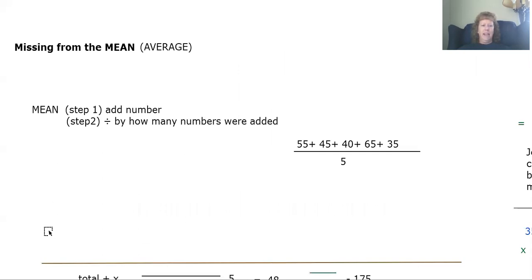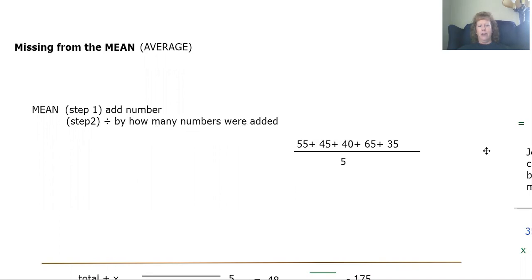It's about the missing mean, and to remind you, mean is the same thing as average, and usually you find the mean or average by adding all the numbers and then dividing by how many numbers were added. So here's an example. If you added 55, 45, 40, 65, and 35, and then divided that by 5 because you just added 1, 2, 3, 4, 5 numbers.